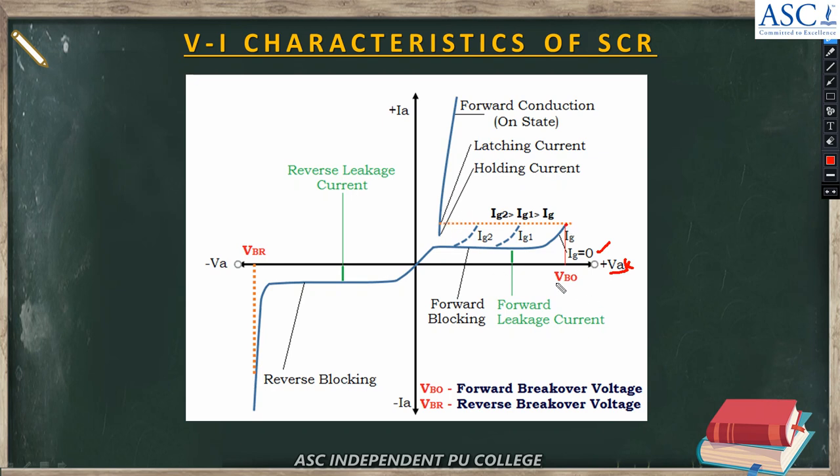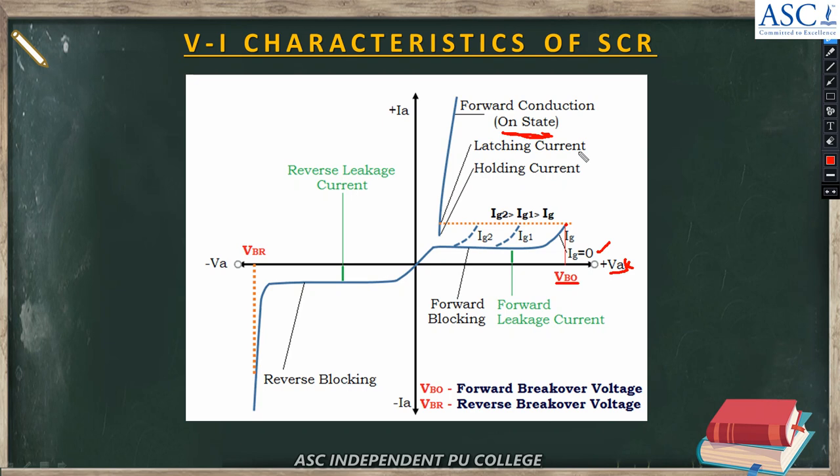That voltage we call the breakover voltage. At a particular point SCR junction J2 breaks and it starts conducting, so anode current increases. That we call the on state. SCR is said to be in on state, it starts conducting.